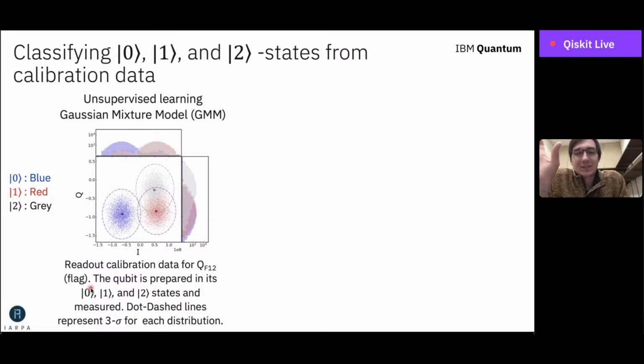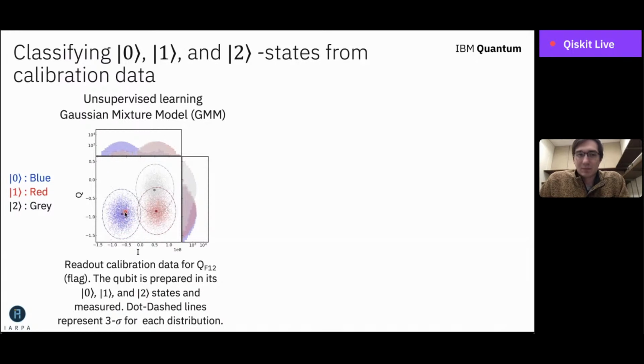Anyway, when we do our experiments, what we want to do is characterize a single measurement. The single qubit measurement gives us some point in this IQ plane, which we can characterize as either 0, 1, or 2. For instance, we get some plot that looks like this. The way you generate this plot is by preparing the qubit in 0, 1, or 2, and then measuring it repeatedly.